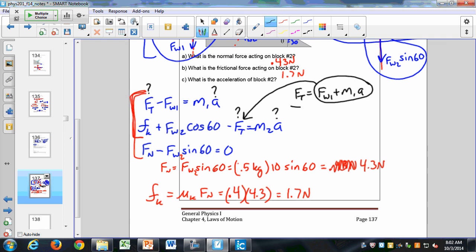I'm not going to work through all the algebra, but when I substitute that in, I get Fk plus Fw2 cosine 60 minus Fw1 plus M1A equals M2A.